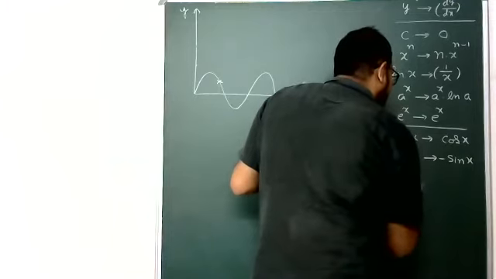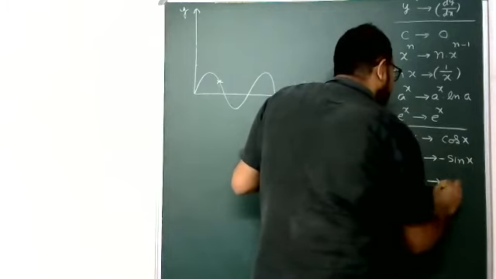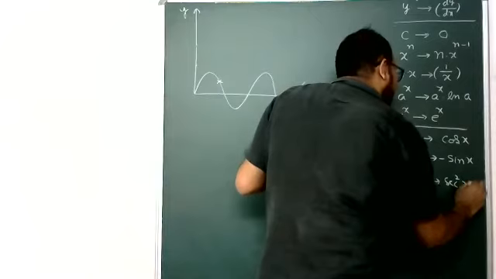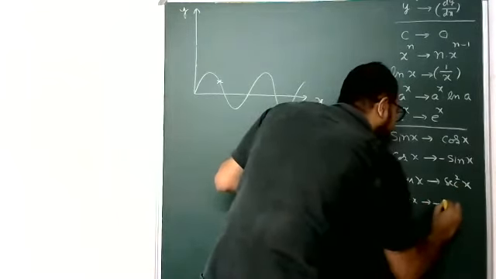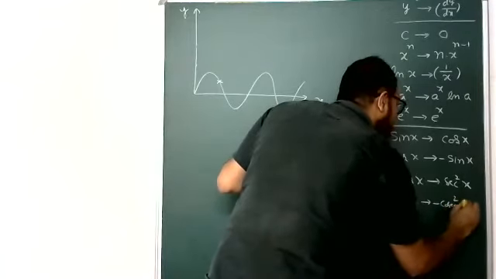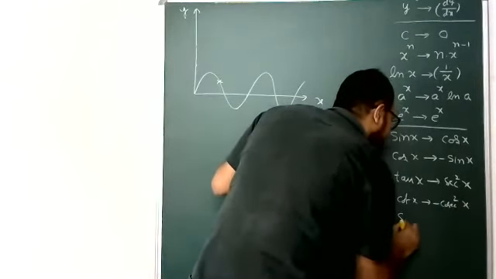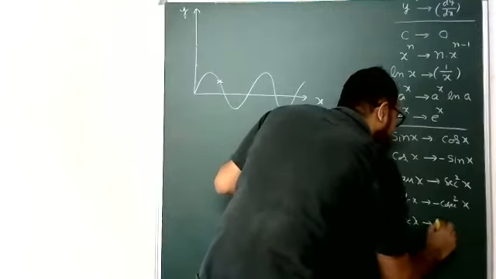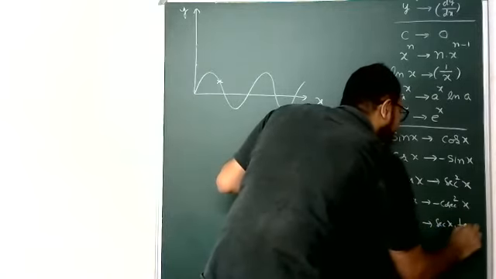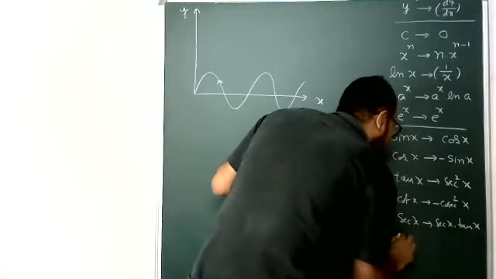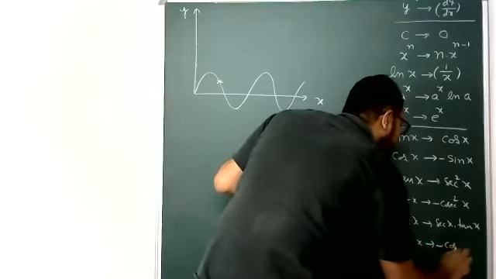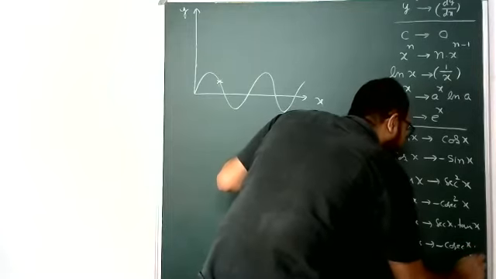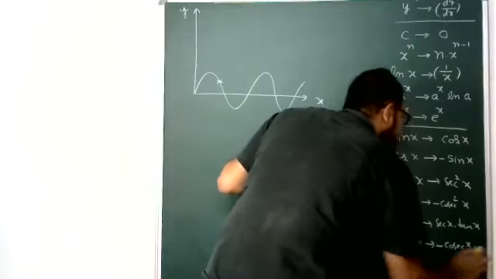Next, tan x: secant square x. Cot x: minus cosecant square x. Secant x: secant x tan x. Cosecant x: minus cosecant x into cot x.